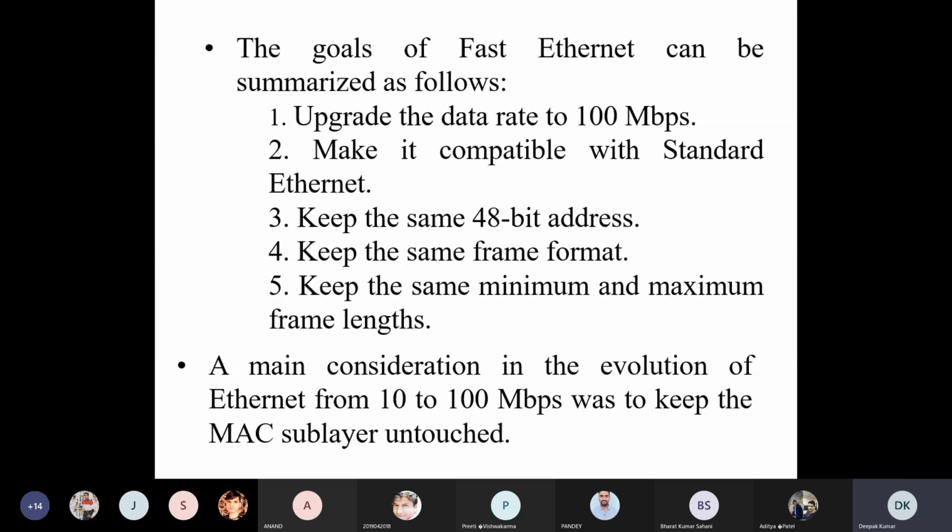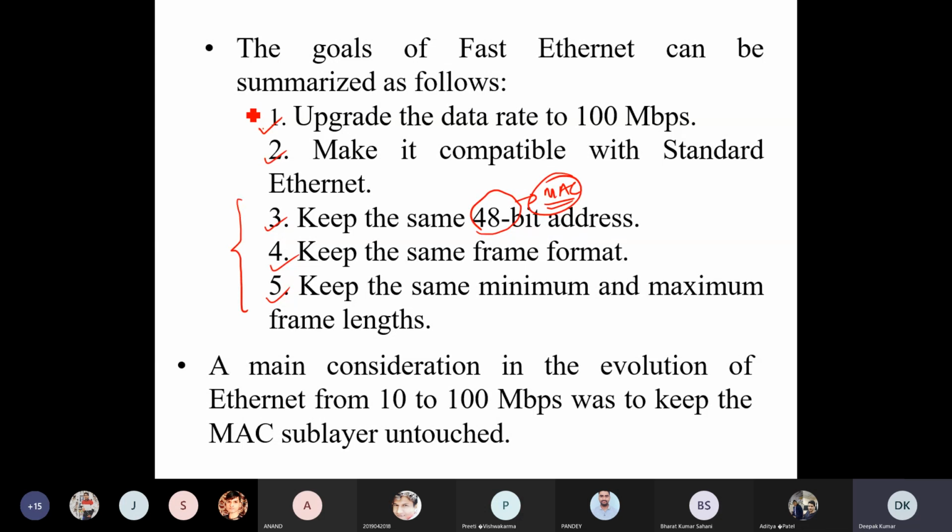The goal of fast Ethernet can be summarized as this: upgrade up to 100 Mbps, make it compatible with standard Ethernet, and keep the same 48-bit address. Because this is at the MAC layer, there is no need to change the MAC layer. Keep the same frame format. Everything will be the same if you look at the MAC level.